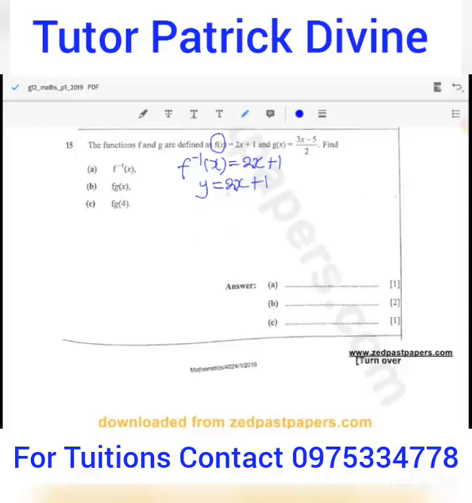From here now, make x the subject of the formula, meaning that we are going to leave 2x alone. We are going to move the 1 to the other side where y is.